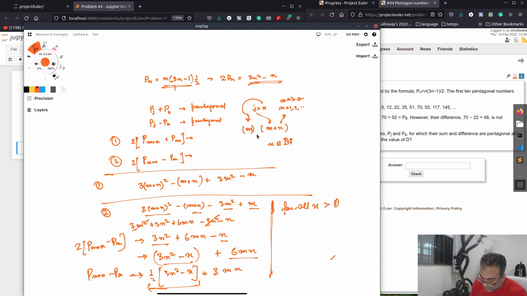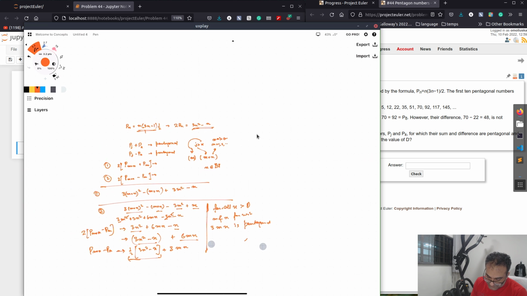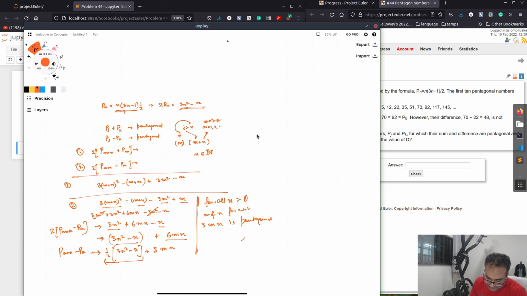What we want are values of m and n for which 3 times m times n is pentagonal. This is a much easier problem to solve. Okay.